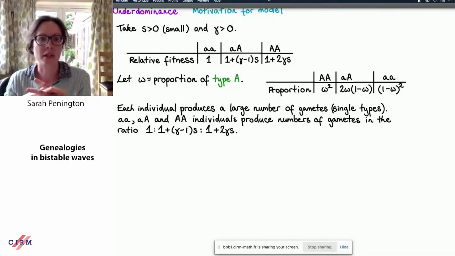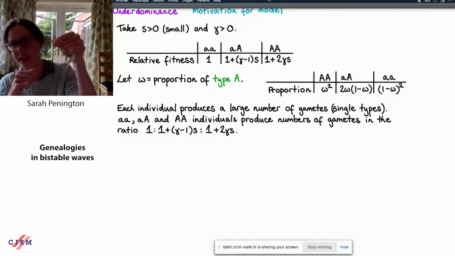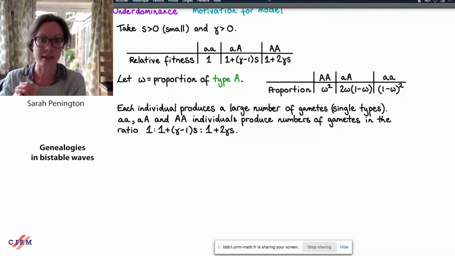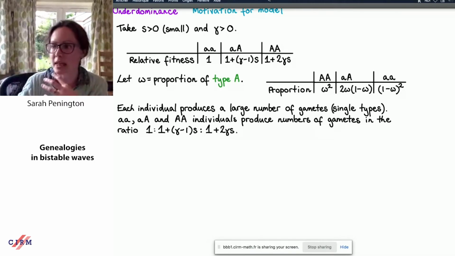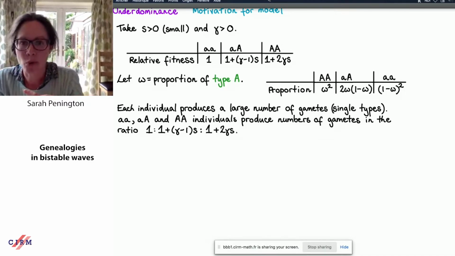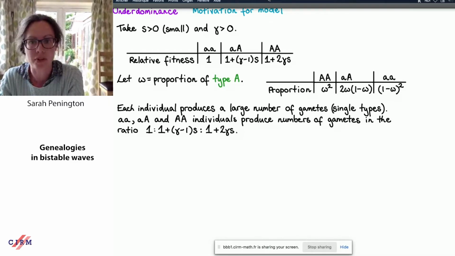And let's suppose that the current proportion of type capital A in the population is W. So by that I mean that if we add up all the pairs of types that make up all the individuals, and then we work out what proportion are type capital A of all of those types, then it's W. If we assume that the population is relatively well mixed, then it should be roughly in Hardy-Weinberg proportions, which means that the proportion of individuals that are capital A should be roughly W squared, and the proportion of little a individuals should be (1 minus W) squared, and then the little a capital A should have the remaining proportion of 2W(1 minus W) of individuals.